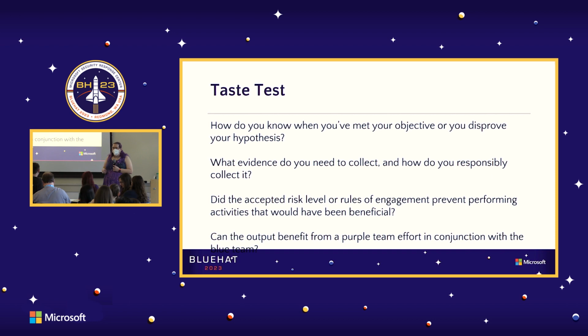Because again, that'll require resourcing from management. They need to make sure that the blue team is resourced to do this, and it's not going to be taking away from their job, and that they're allowing the red team to spend more time on these purple team engagements rather than wrapping up an operation and moving on.